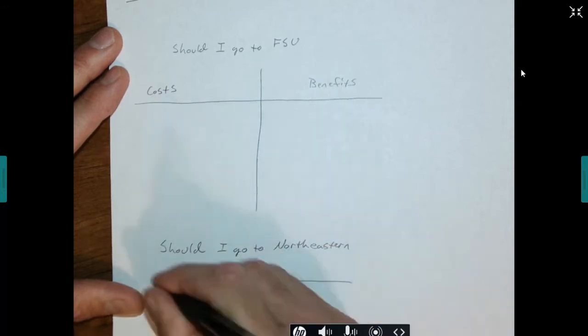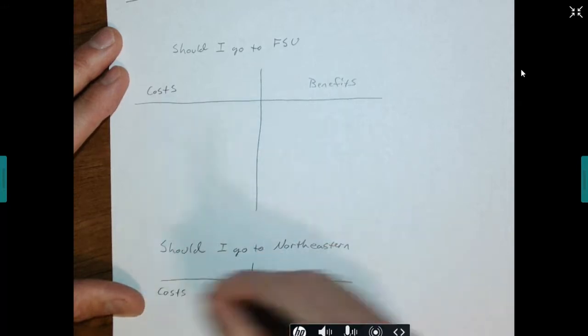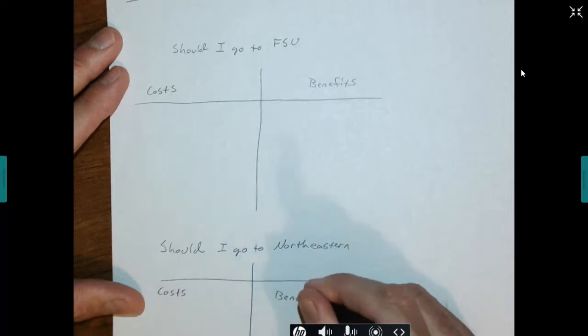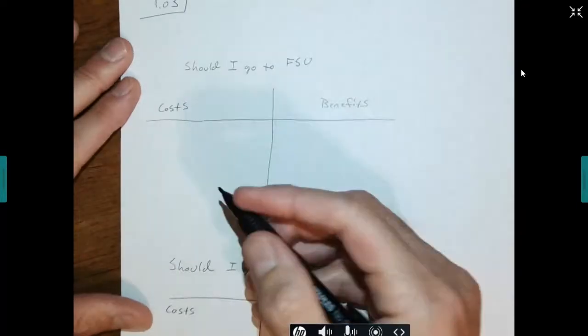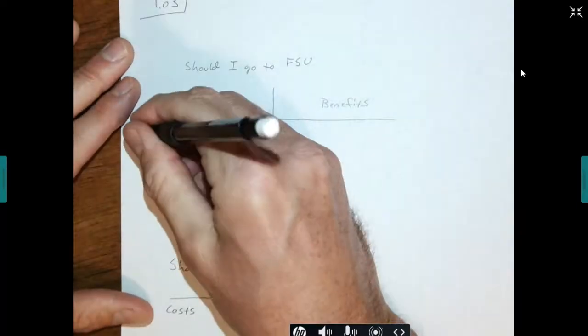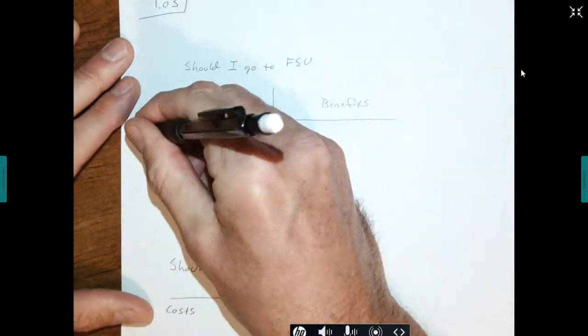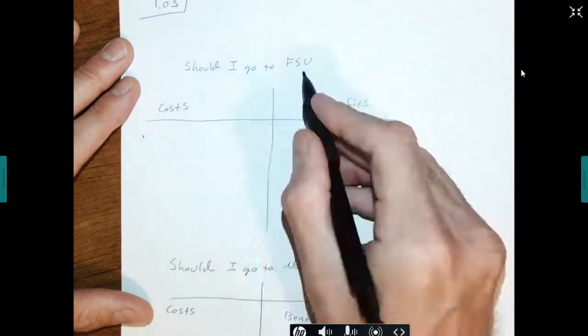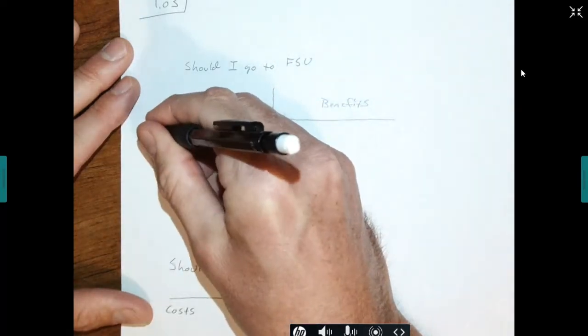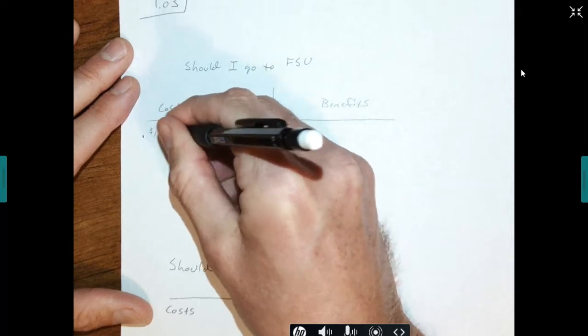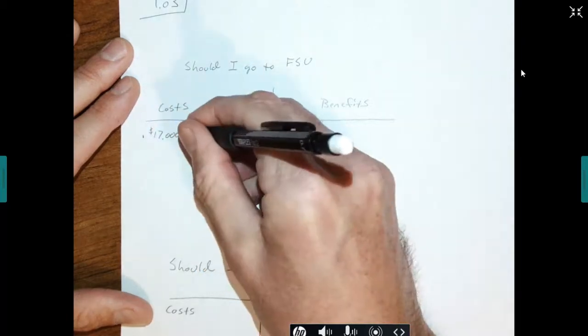So you add costs and benefits between the two. Okay, so the cost financially is less to go to FSU. Right about now, it's roughly $17,000 a year for room, board, tuition, stuff like that.